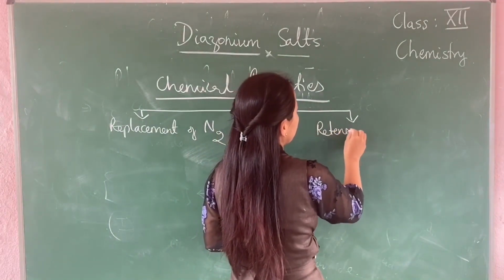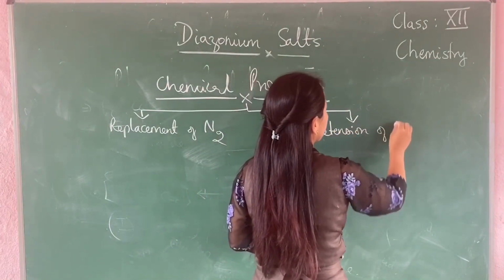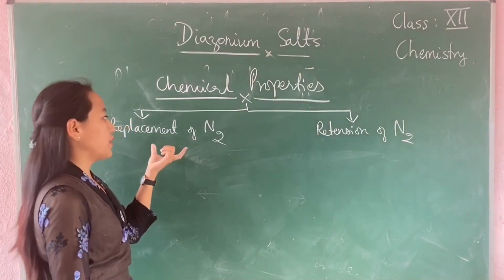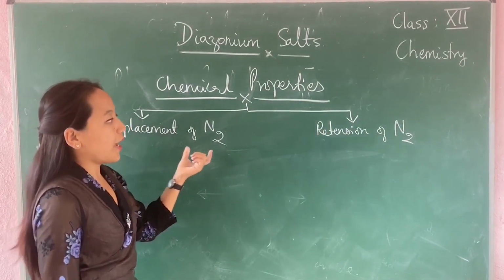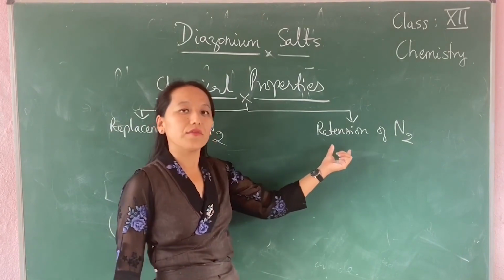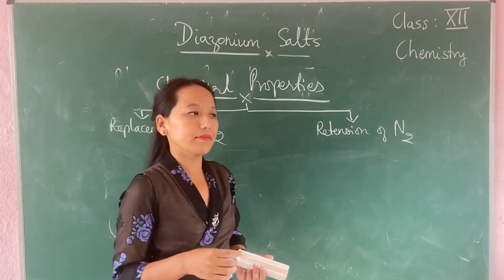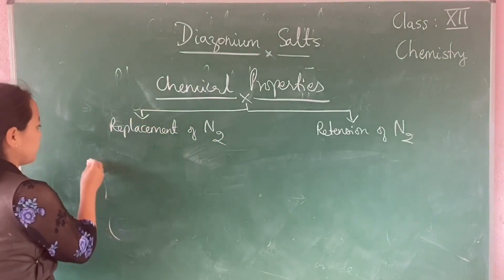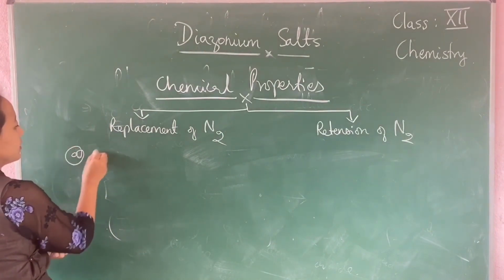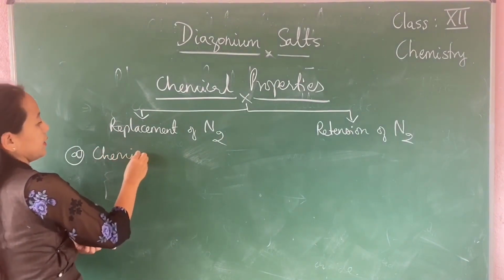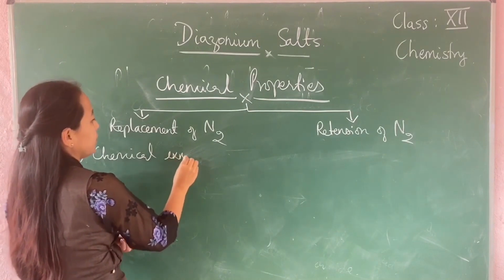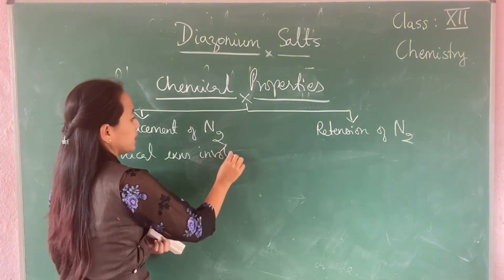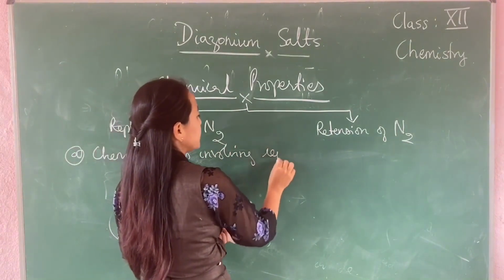Retention of N2. The reactions involving replacement of N2, and the other one is reaction involving retention of N2. Okay, let's first start with chemical reactions involving replacement of N2.